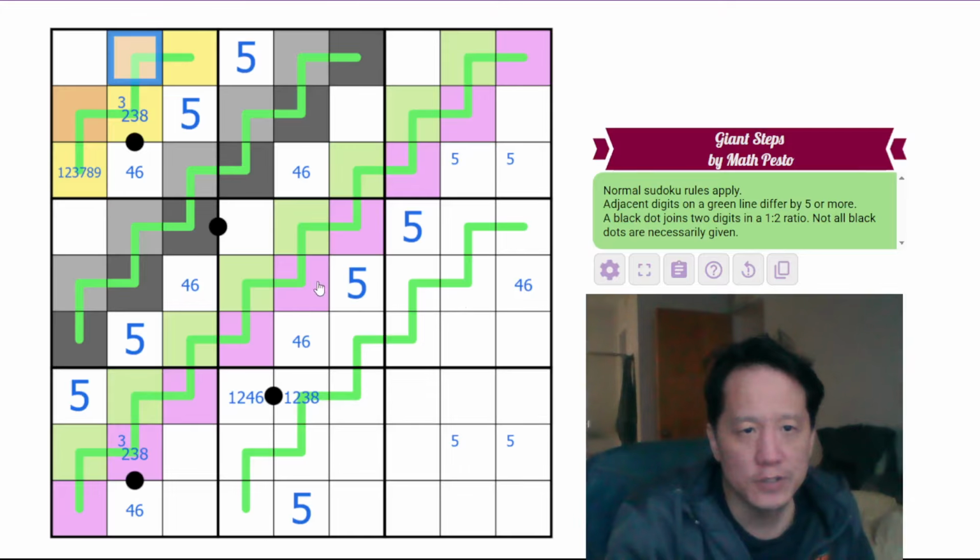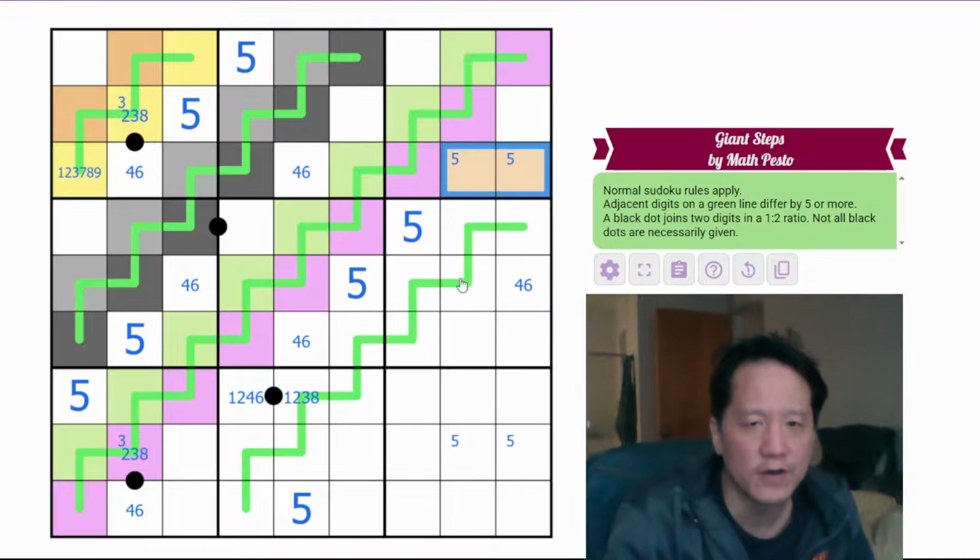We'd have orange here. We know 4, 6 as a pair. These have to be 1 low, 1 high, 1 low, 1 high. So this must be orange over here with the 5. This is 1 low, 1 high, 1 low, 1 high, 1 low, 1 high, but we don't know what color this is.